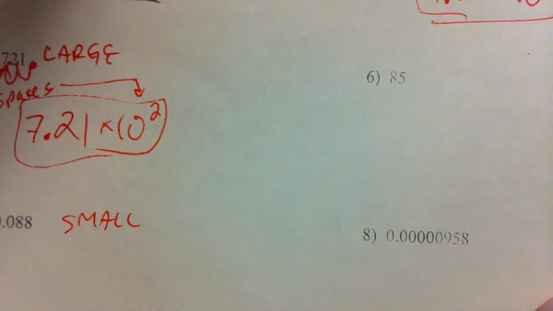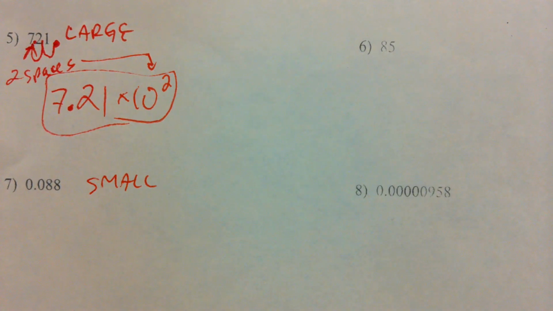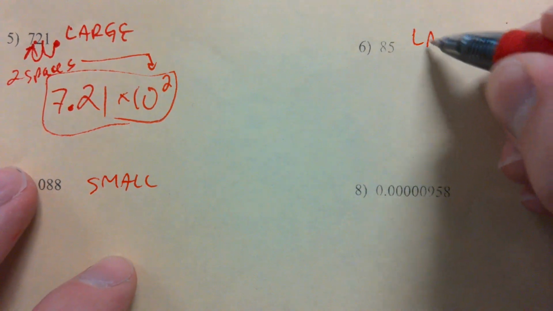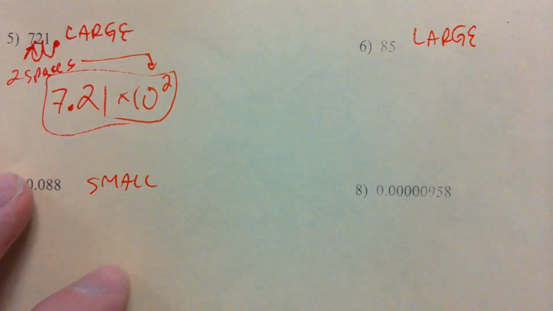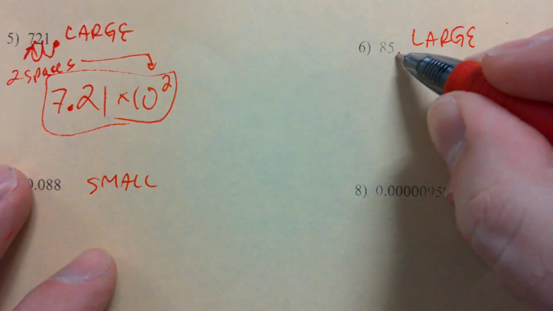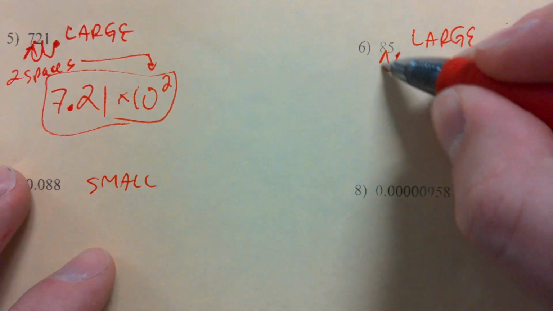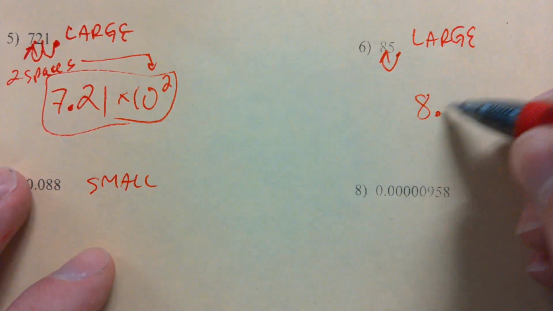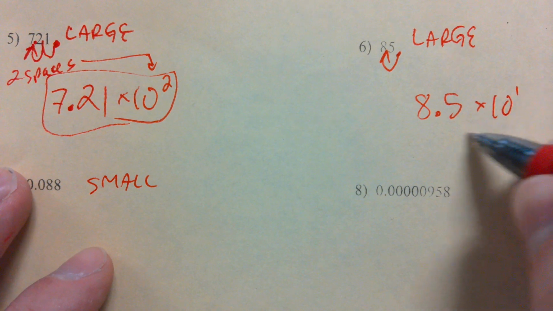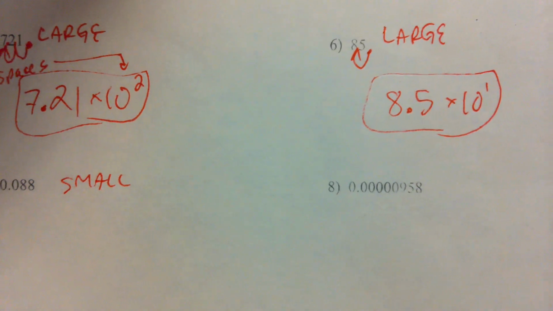Right? 85, like I said, it looks like a smaller number in comparison to things like 6 million, but 85 is also a large number. Anything greater than 1 is a large number. Decimal on the end. We want it in between the 8 and the 5. That's only 1 space. 8.5 times 10 to the first.